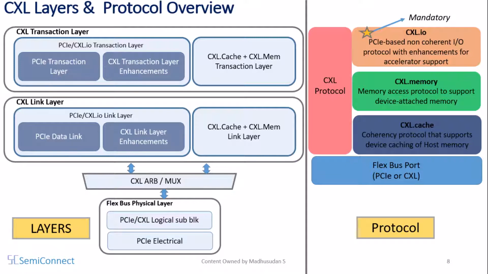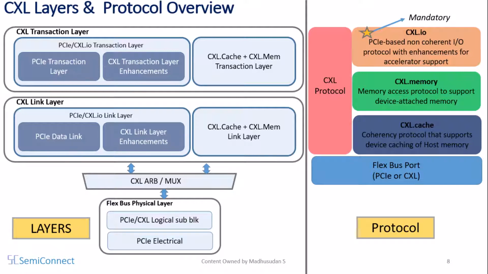So that is about the various CXL layers. And regarding the CXL protocols, we did see in the previous slide that CXL.io is the PCIe-based non-coherent IO protocol, which is the same as the existing PCIe protocol. Then we have CXL.memory, which is for memory access to support device-attached memory.